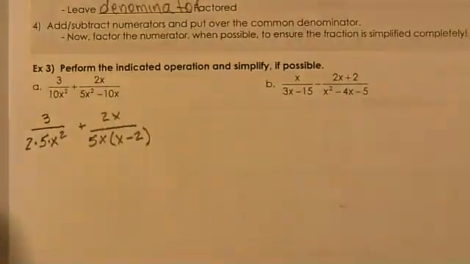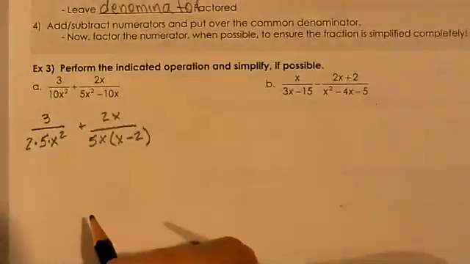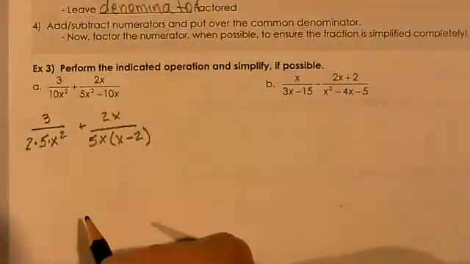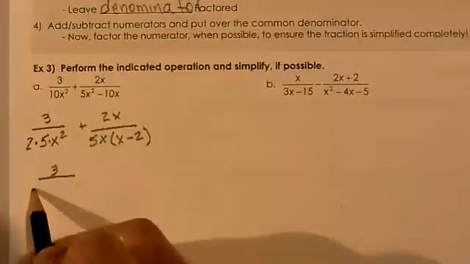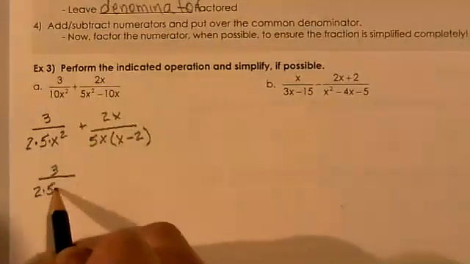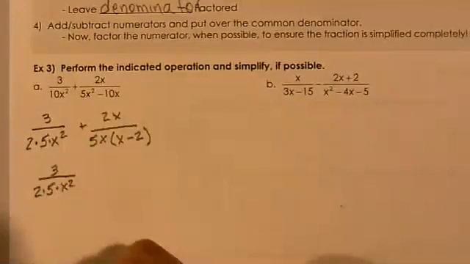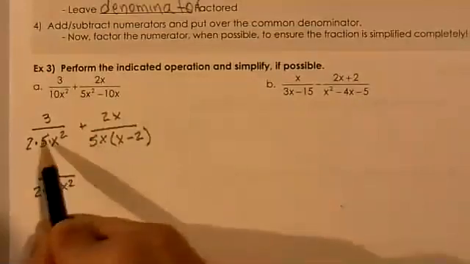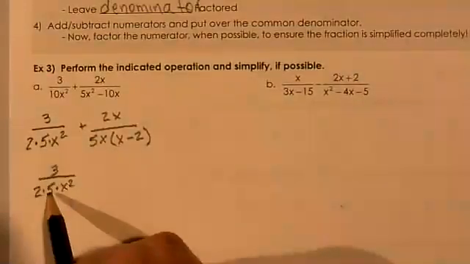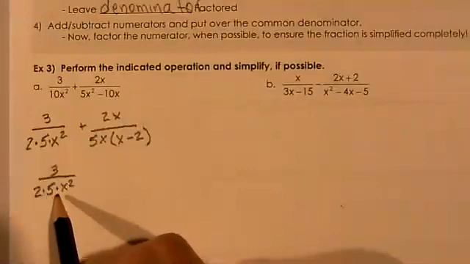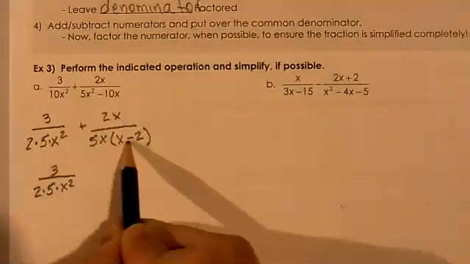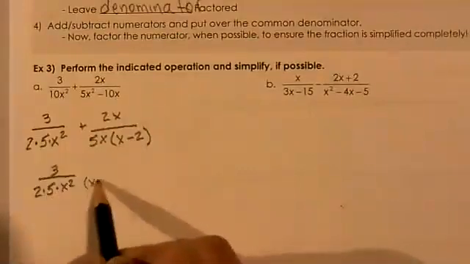All right. So now we have to look at what things have and what things don't have. So they both have a 5, so we don't have to worry about that. What this doesn't have is an x minus 2.